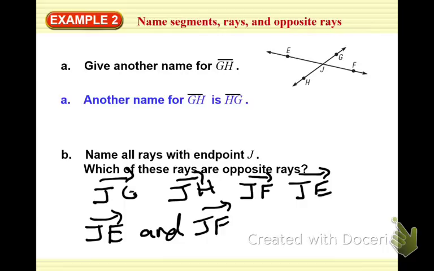Make sense? And we got another pair. Sophia, what do you think? JH and JE, or JG. Right. Okay. Good. Everybody good there?